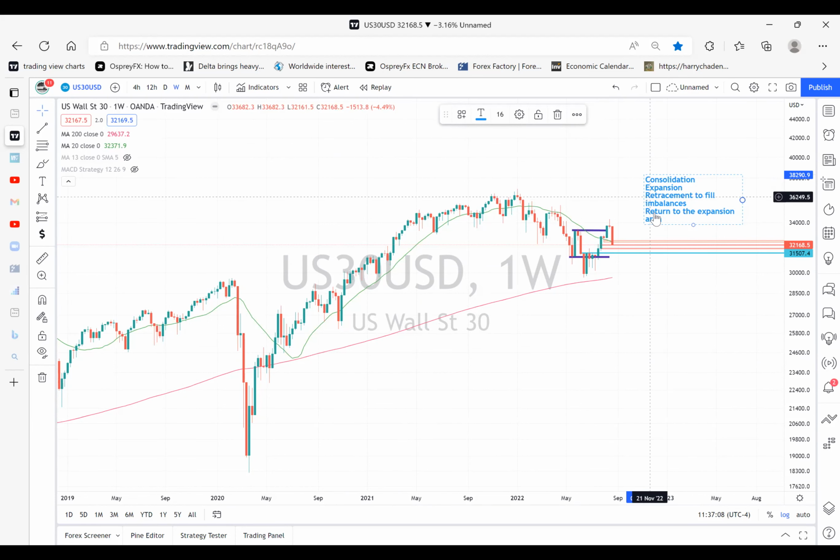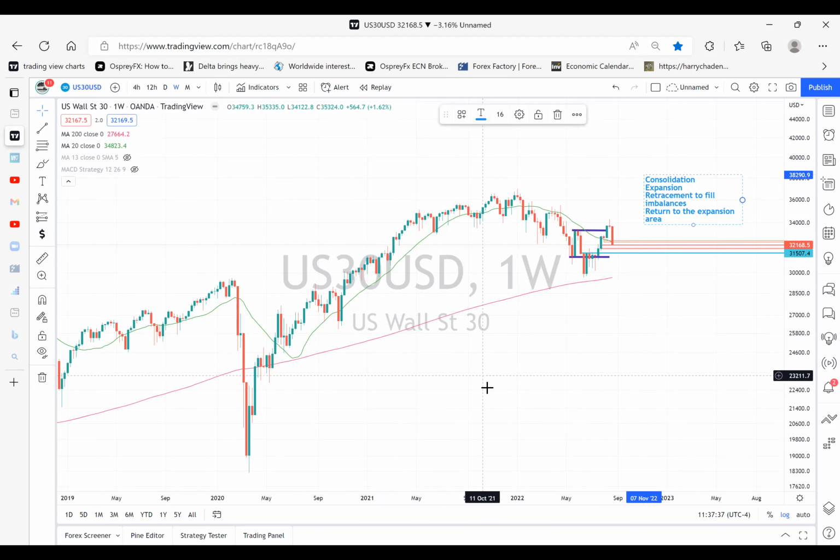So where are you when you identify an order block? Does anybody know where we are in this cycle? Retracement. Retracing to fill the imbalance. Exactly.